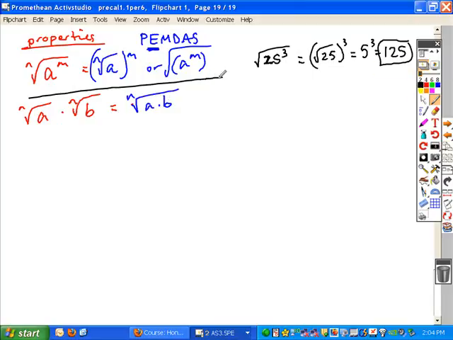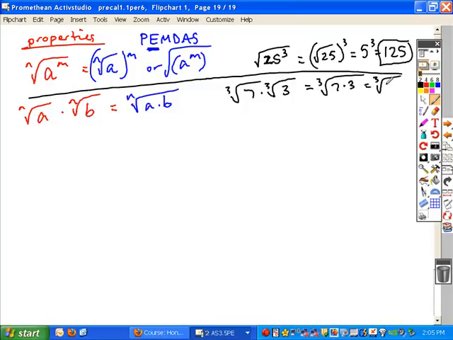So again, if you're looking at how you could simplify the cube root of 7 times the cube root of 3, as long as the indices are the same, you can combine that product under one common radical, 7 times 3, to give you your simplified form, the cube root of 21.